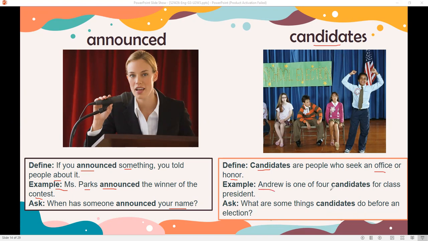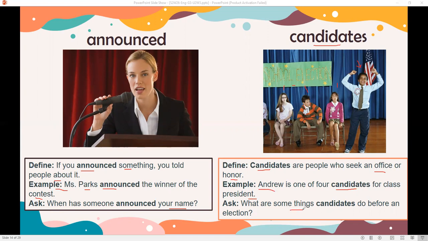Andrew is one of 4 candidates for class president. Even at school, you don't have to wait until you grow up. For example, I have here 1, 2, 3, and this is apparently the winner. I have 4 candidates who were running for class president, and Andrew here is the winner.